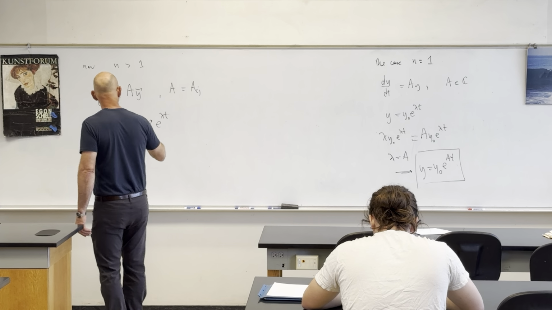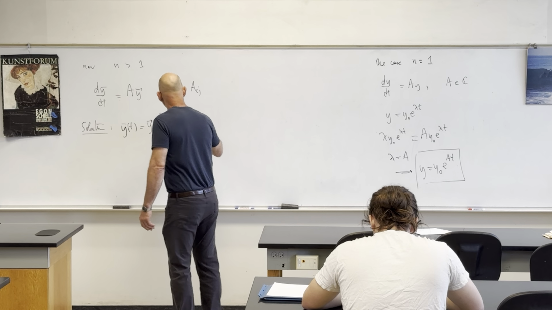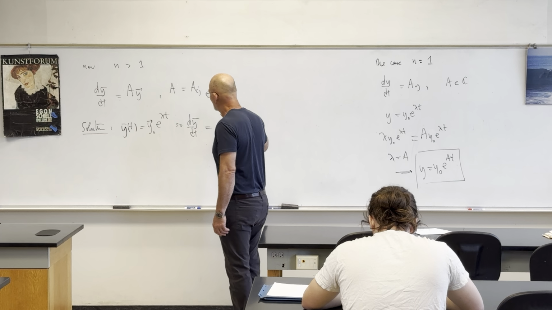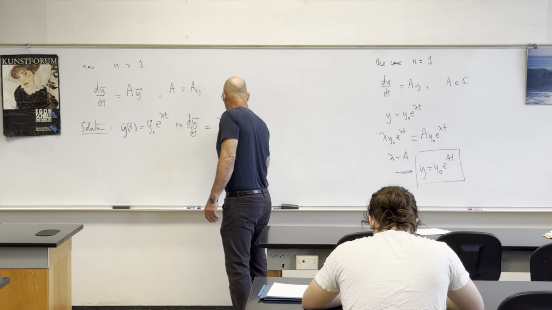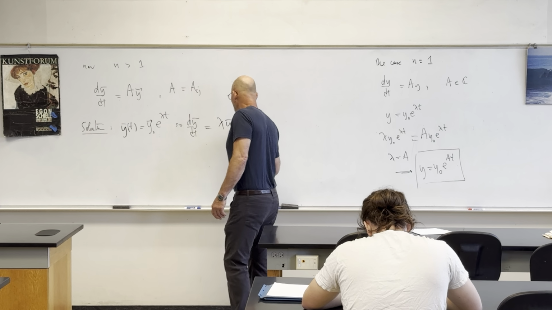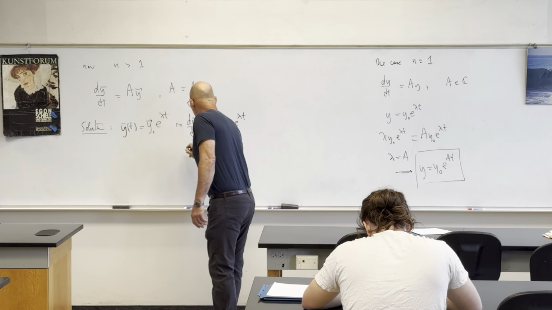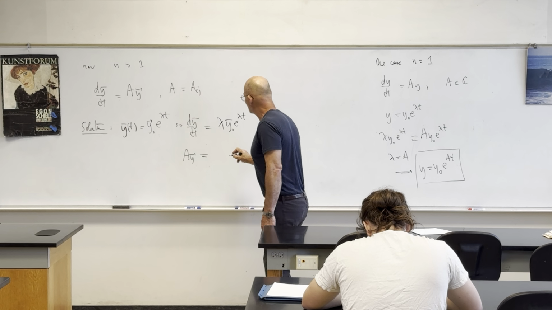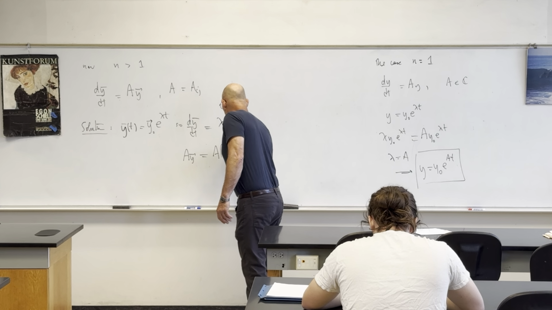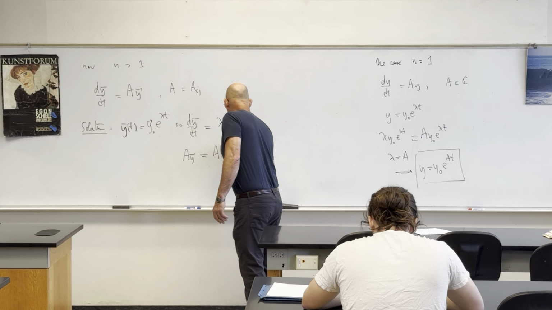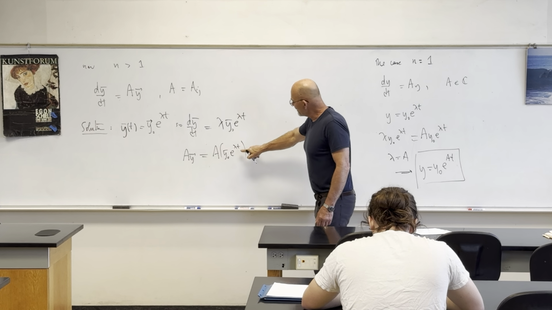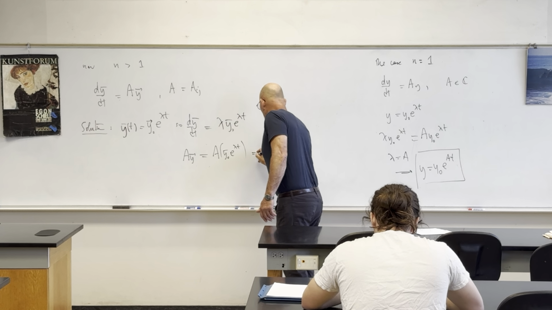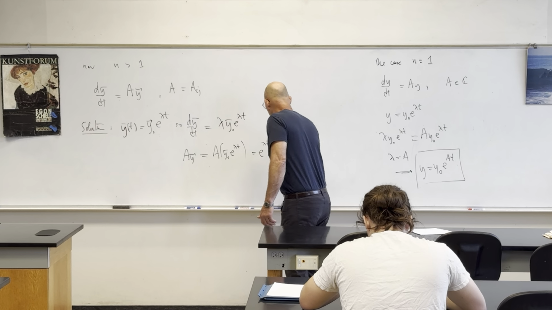I want to make sure I separate these two steps, so that dy dt is equal to lambda y0 vector e to the lambda t. The A times y is equal to A times y0 e to the lambda t. But e to the lambda t is just a number, and A is a linear operator, so we can pull the e to the lambda t out.